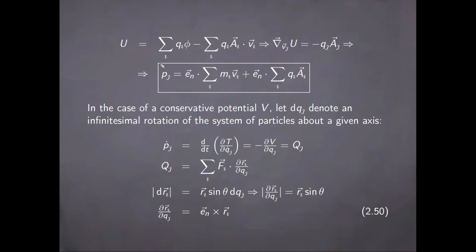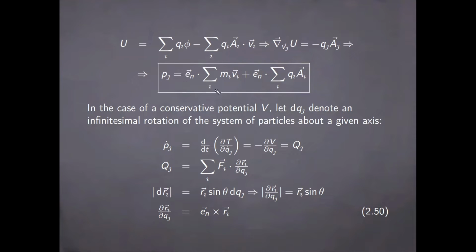In the case of the electromagnetic field, the generalized potential has the expression here, so it follows immediately, if we consider the value of the gradient with respect to velocities for this potential, that the particular expression of the canonical momentum contains a sum of two terms.